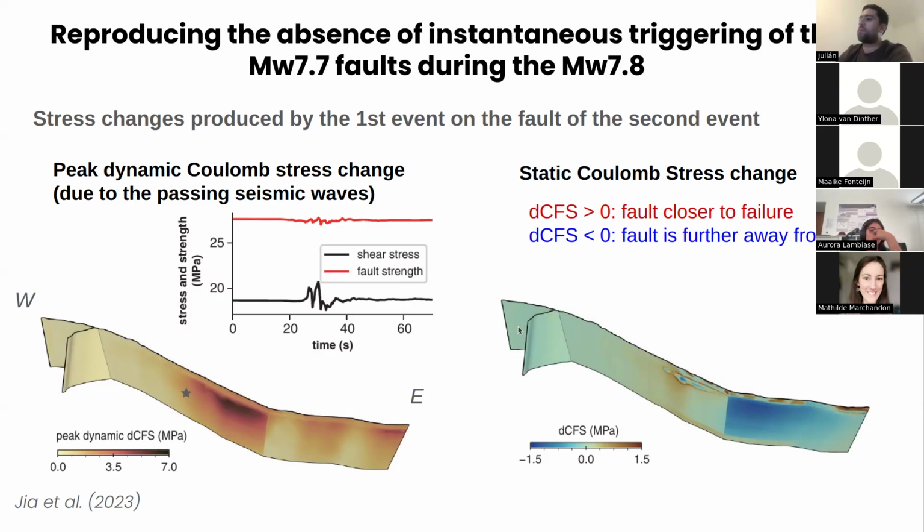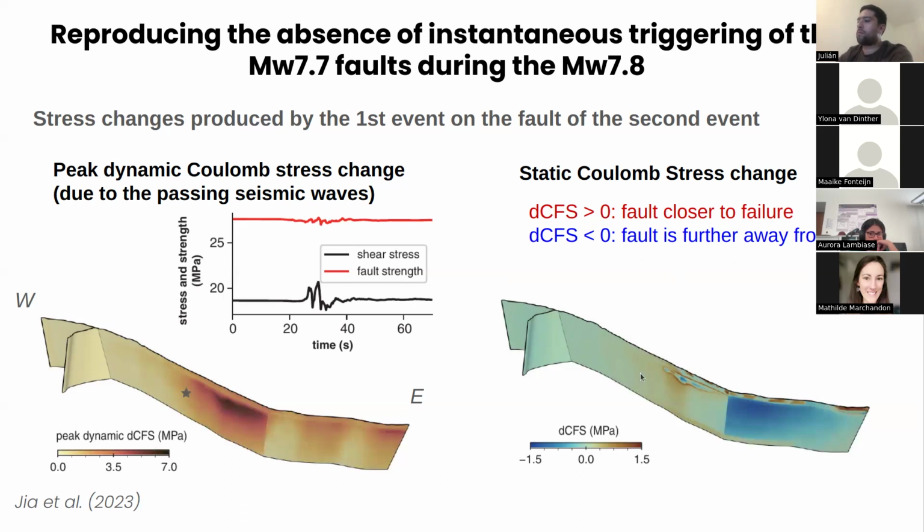And here you can look at the static Coulomb stress change, the stress change due to the static slip. In red is where the fault is closer to failure, and in blue is where the fault is further away from failure.